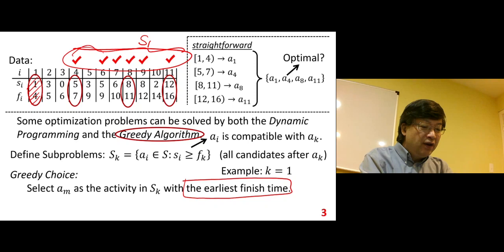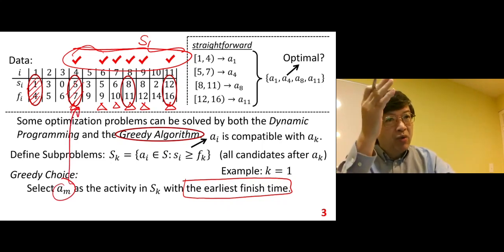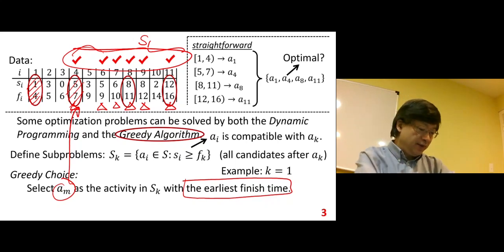Here we have different finish times: 7, 9, 10, 11, 12, 16. This one has the earliest finish time, so our Am corresponds to this activity. That is our greedy strategy.